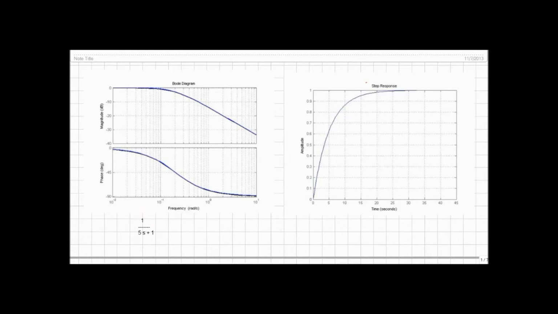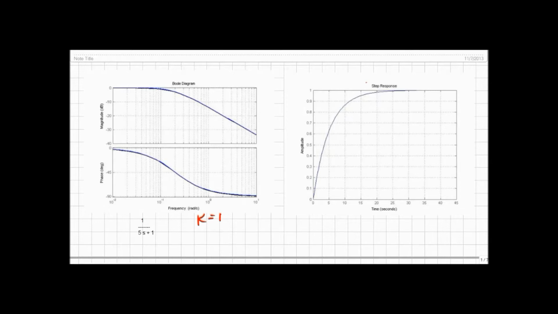But we can see that easily because at low frequency we have a 0 dB magnitude, which is 1 in just magnitude, and our step response with the step input goes to 1. So that gives us our gain K, which is equal to 1.